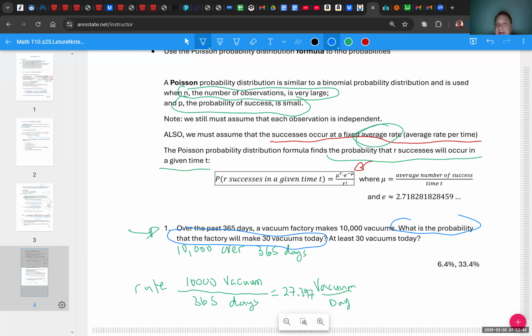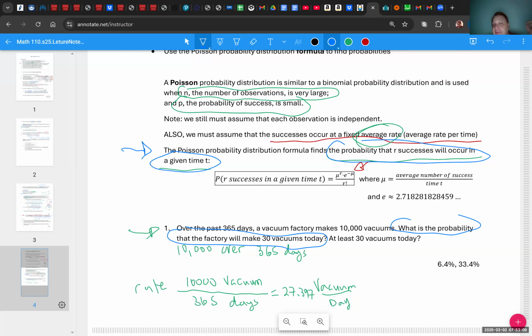That is the question of what is the probability that our successes will occur in a given time t: the probability that 30 successes will happen in a given time of one day. That's what I mean by the Poisson probability formula finding the probability that you'll have R successes in a given time frame.